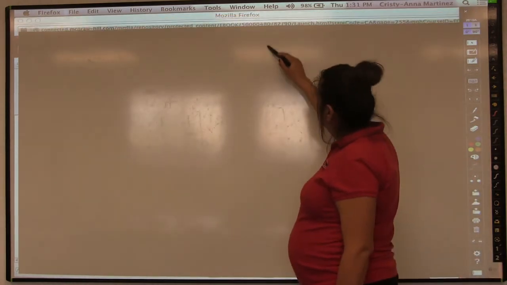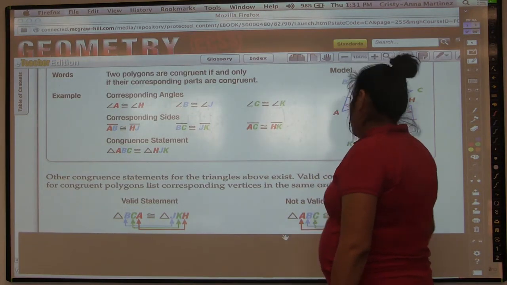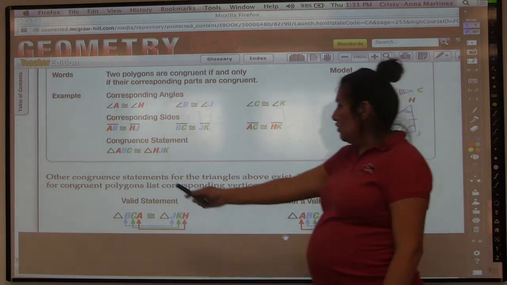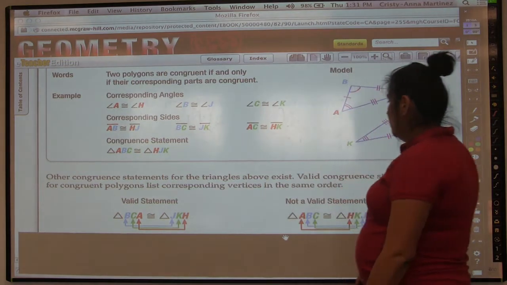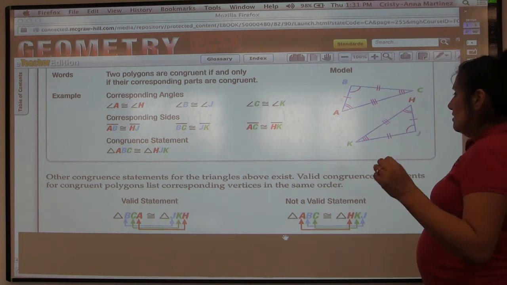That's right there, okay? So that you can see a little bit better how it says here, other congruent statements for the triangles above exist. Valid congruent statements for congruent polygons list corresponding vertices in the same exact order.